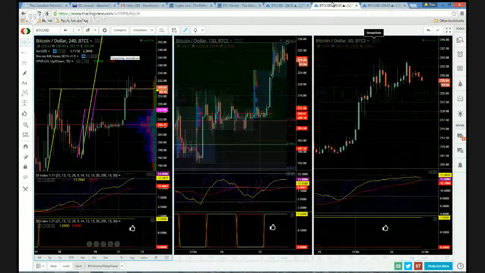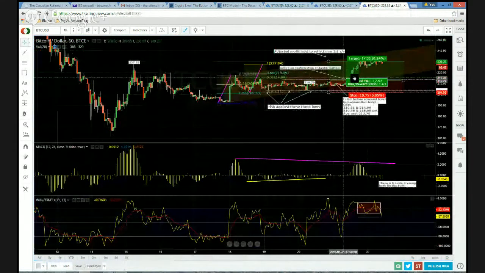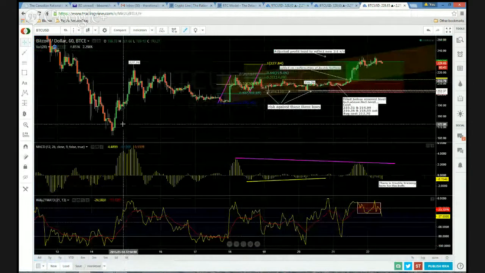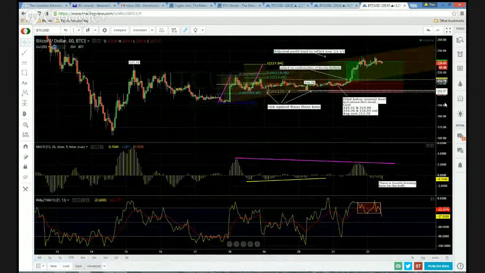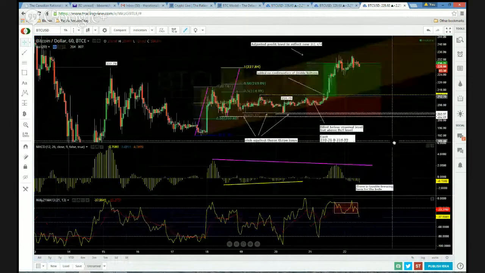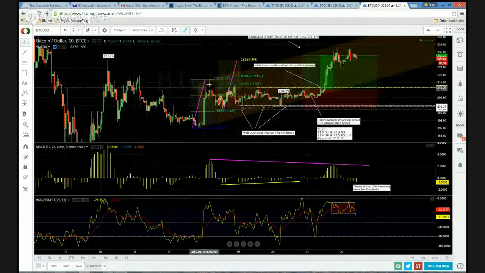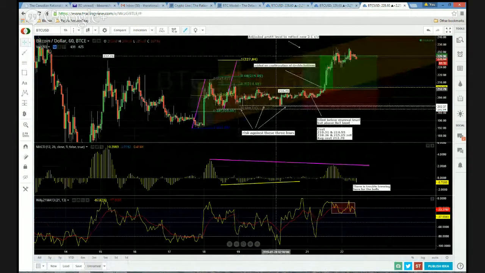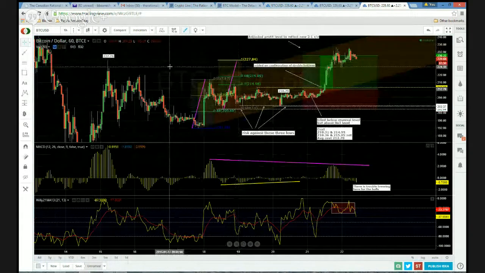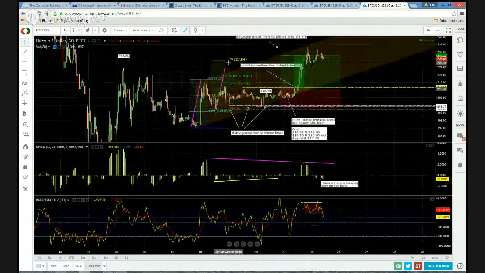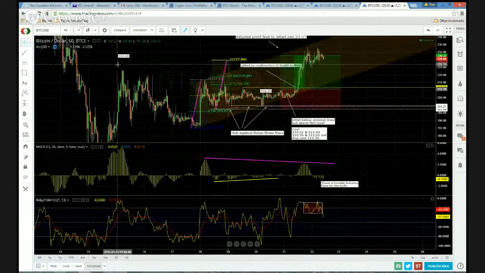So again, if we go back to our lower time frame, that's that bigger picture. And within the bigger picture, we also had a smaller little bot setup. And this little bot setup basically implied that we were going to test this high here.